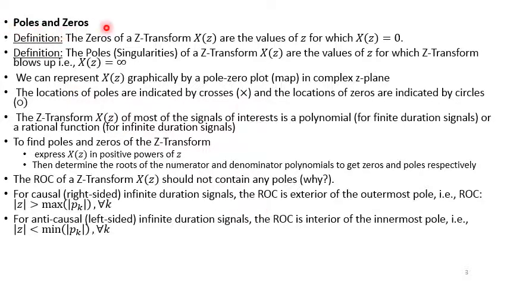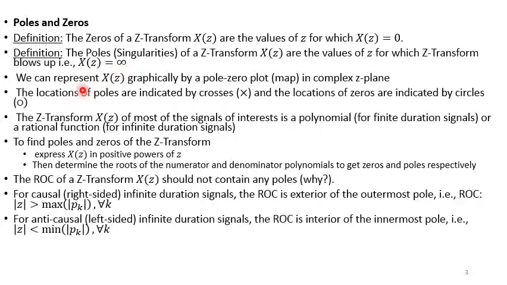Poles and zeros. By definition, zeros of a Z transform X of Z are the values of Z for which X of Z equals 0. So they are called zeros. Whereas poles of X of Z are those values of Z for which the Z transform blows up, that means it diverges and X of Z becomes infinity.